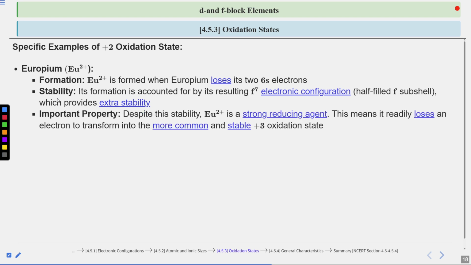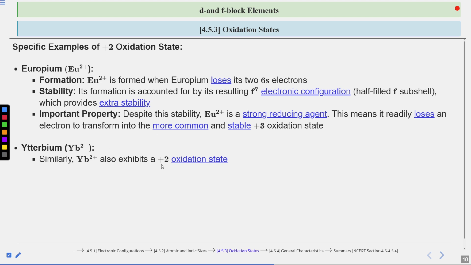What is the important property? Despite the stability of the half-filled f subshell, Eu2+ is a strong reducing agent. This means it readily loses an electron to transform into the more common stable oxidation state, +3. The next example showing the +2 oxidation state is ytterbium, Yb2+.